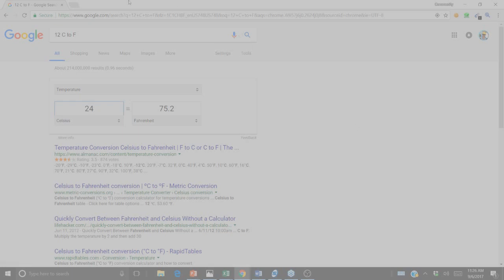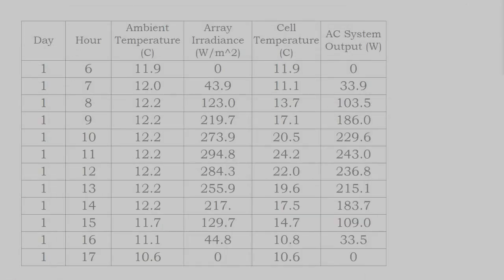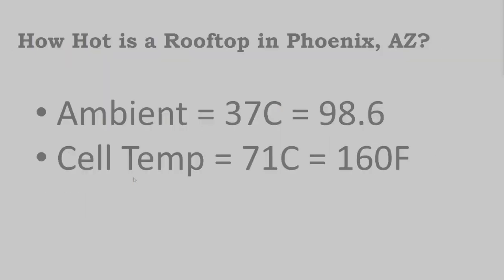So even though it could be jacket weather, cold weather outside, the module surface could be elevated by 20 degrees. So on a hot day, when it's 100 outside, how hot does the module get? Well, let's find out.